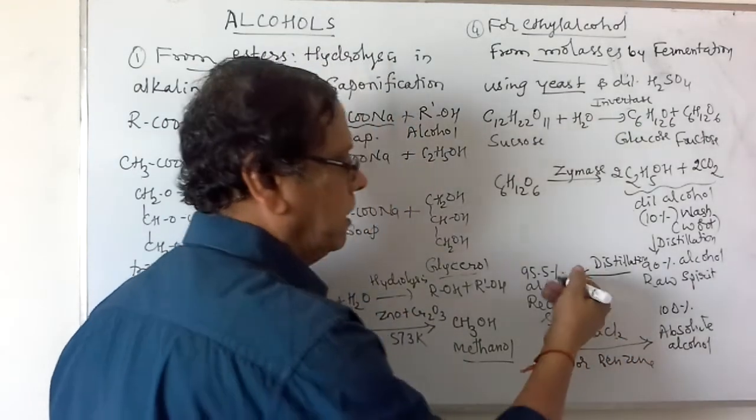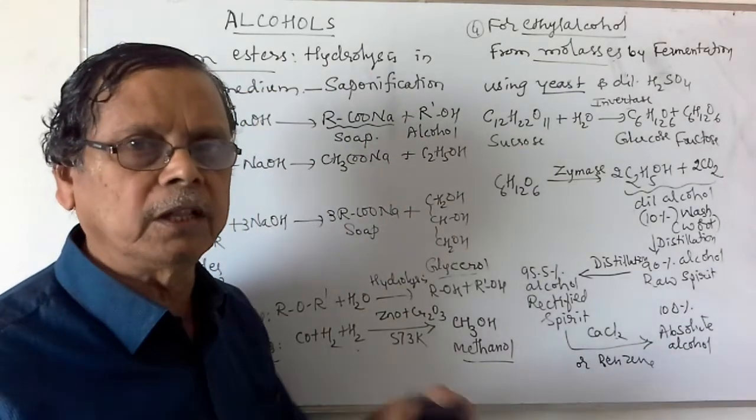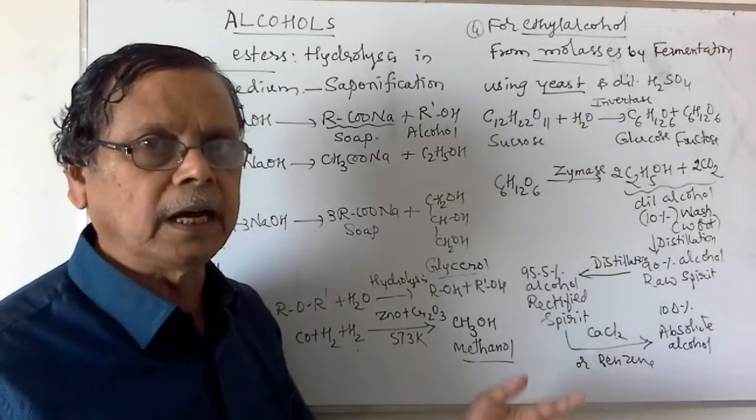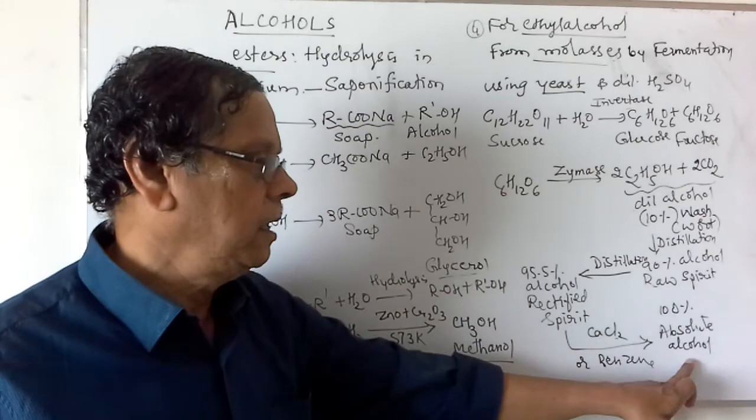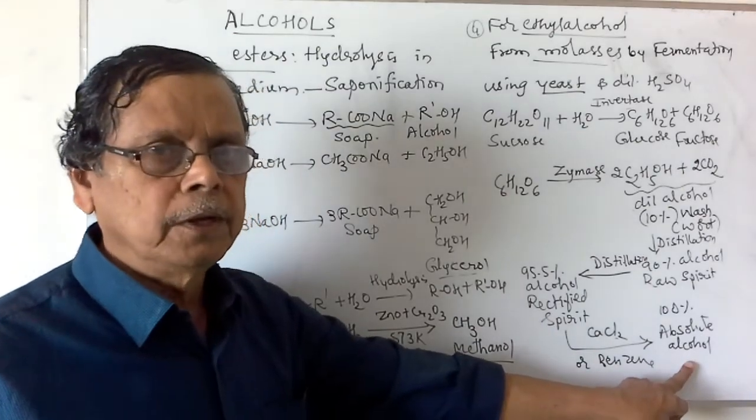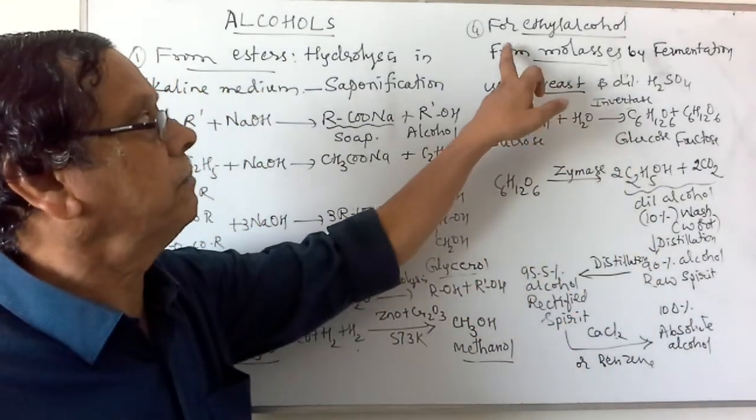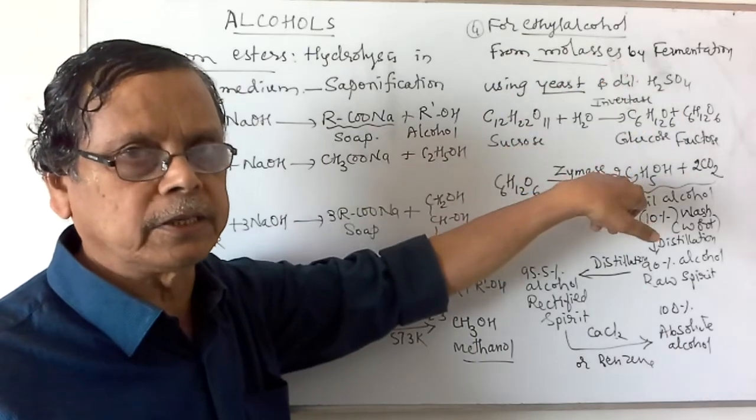Benzene, the remaining water and some amount of alcohol are evaporated as the ternary mixture, leaving behind 100% alcohol. So this is a particular method for the manufacture of ethyl alcohol on industry scale.